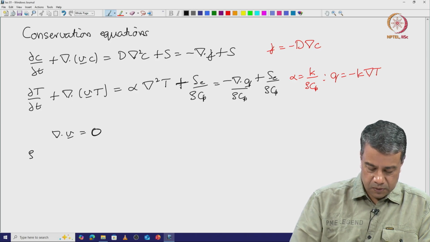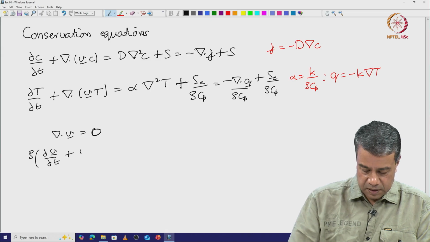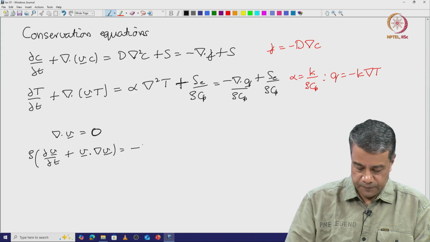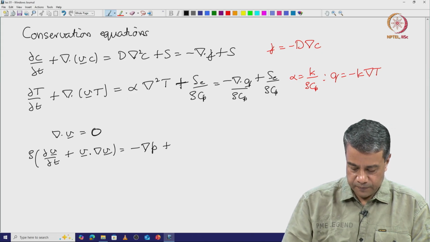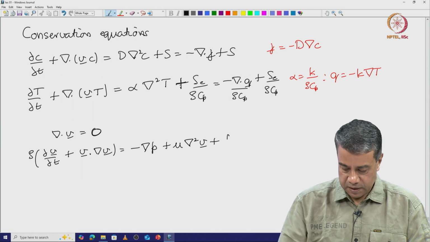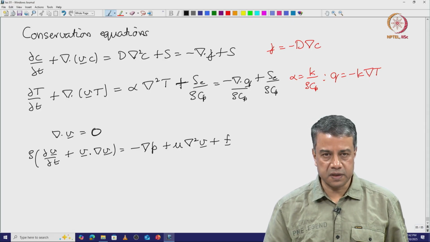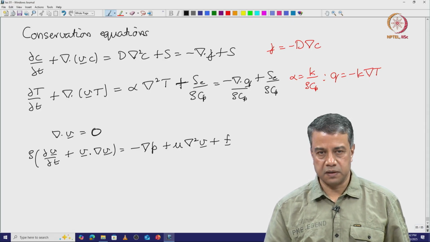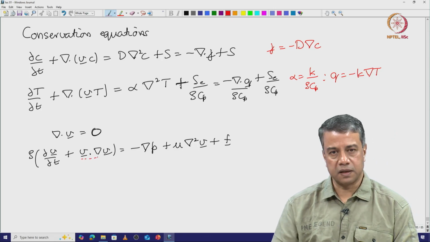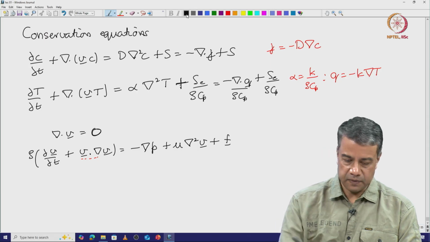And rho times partial V by partial t plus V dot grad V, equals minus grad P plus mu del square V, plus a body force density, where mu is the viscosity coefficient, P is the pressure. Note here that there is a dot product between the velocity and the gradient in this expression, for an incompressible fluid.